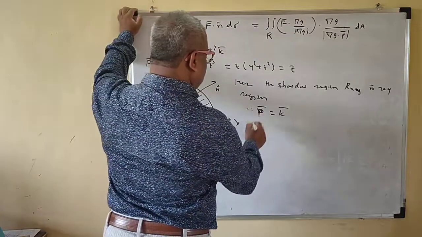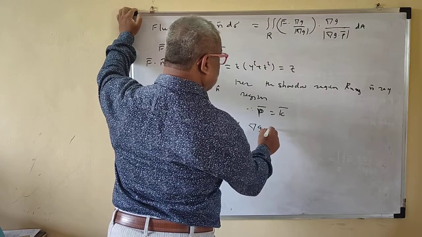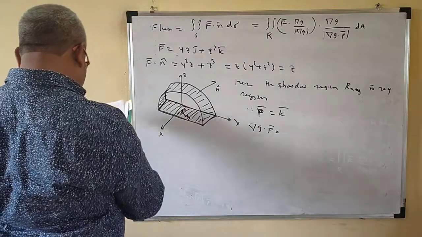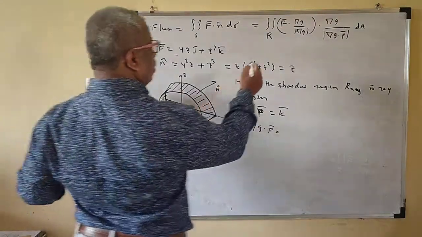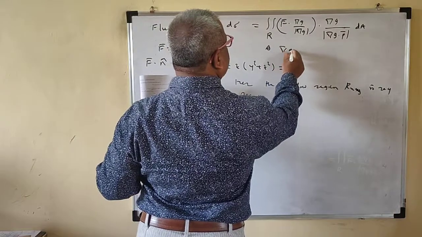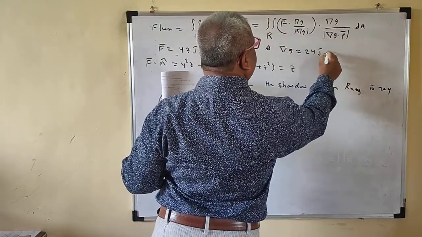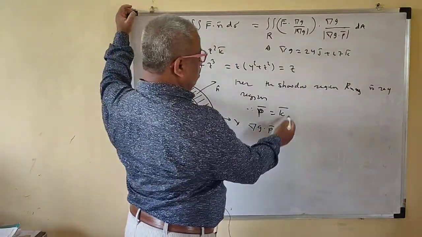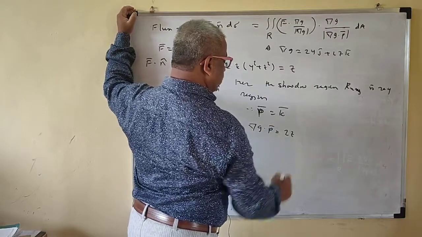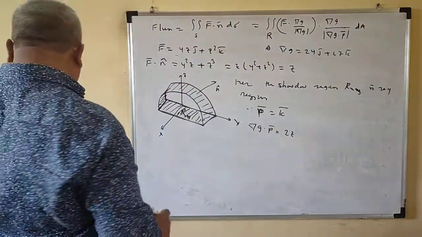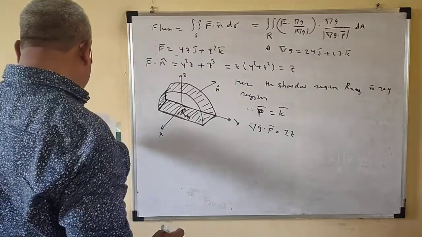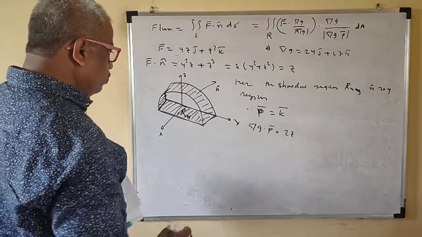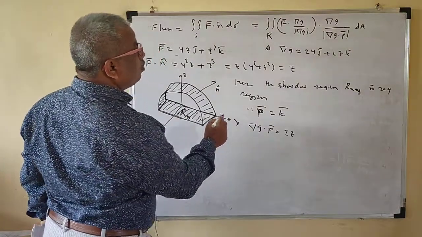Now this is dot p bar. What is the gradient? We have already calculated it: 2y j bar plus 2z k bar. The dot product of this with k bar, you have to take only 2z. Now put this value.